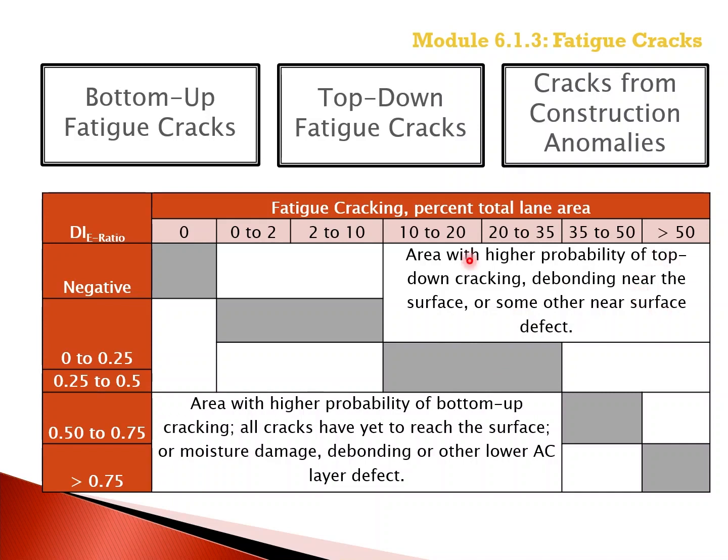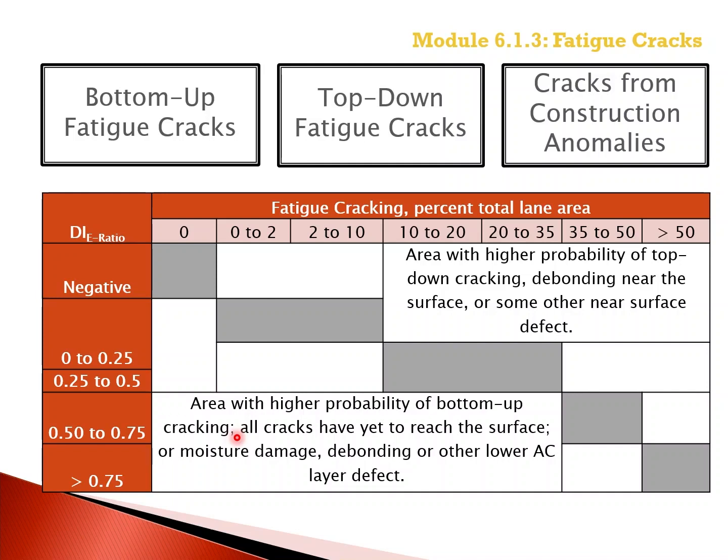If the percent fatigue cracking is very small to a moderate range, and the damage index ratio from the back-calculation is relatively higher, then in all probability that cracking has a higher probability of being bottom-up cracking, simply because all cracks have not reached the surface or are in the process of reaching the surface.